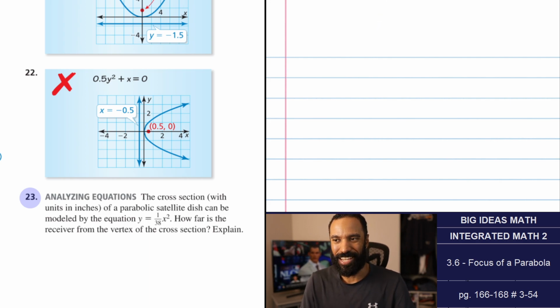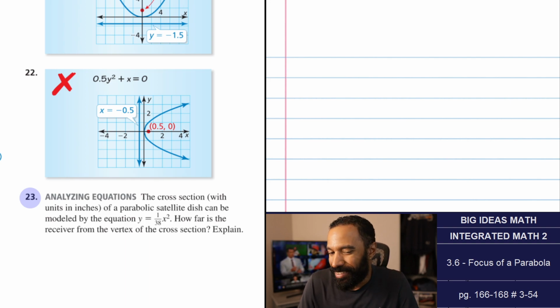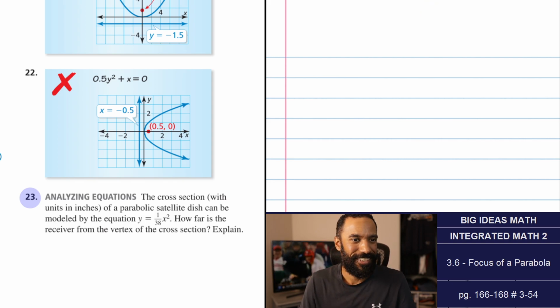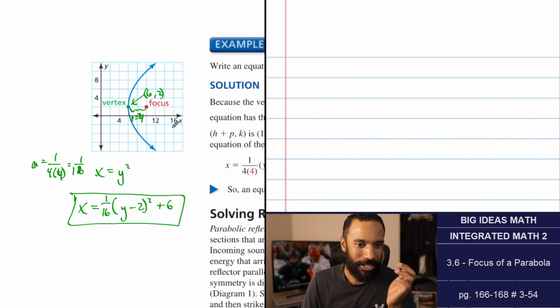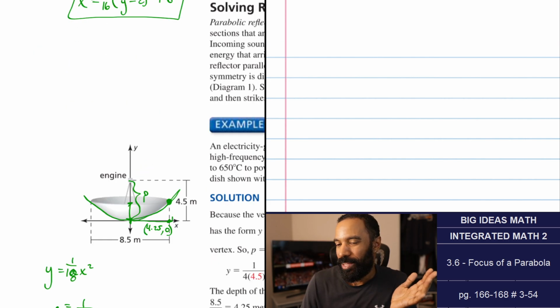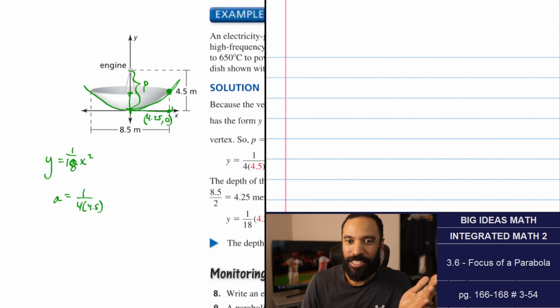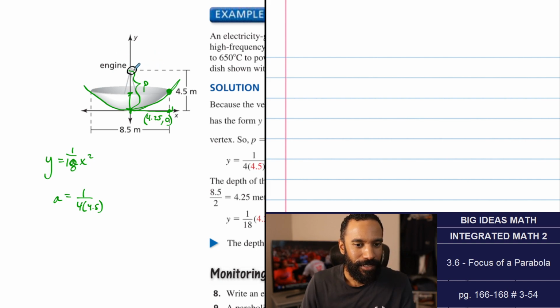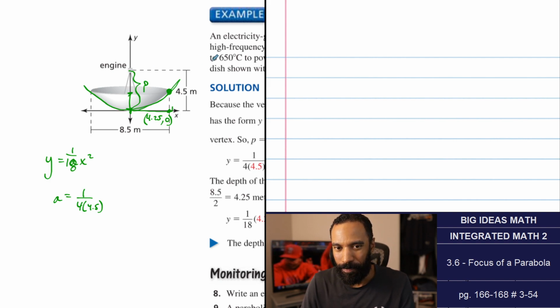Is the receiver like the top? I don't know what the receiver is. Let me find a satellite dish from a previous example. Let's see if they ever mention the word receiver. They talked about an engine up here, so I don't know if the receiver is the focus or not.